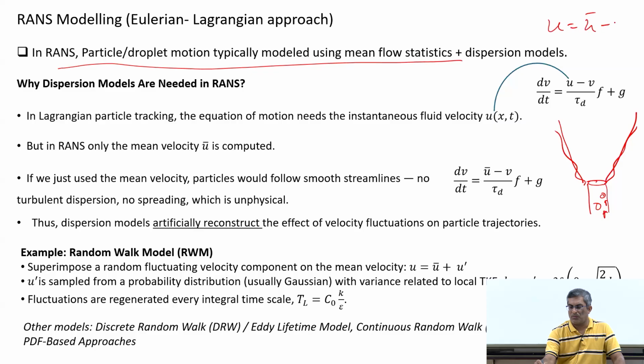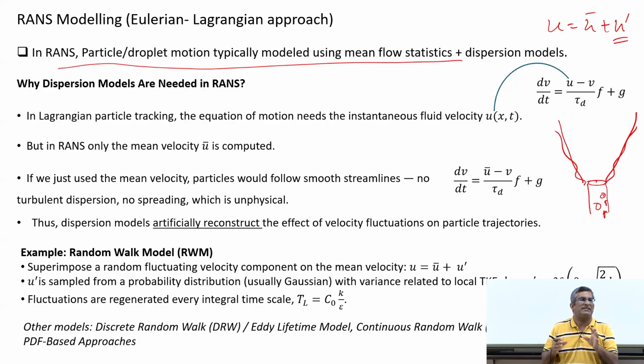But still you do not have the instantaneous fluctuation data. So, what will happen if we introduce particles to the solution from RANS model? Then the particles would respond to the mean flow only.